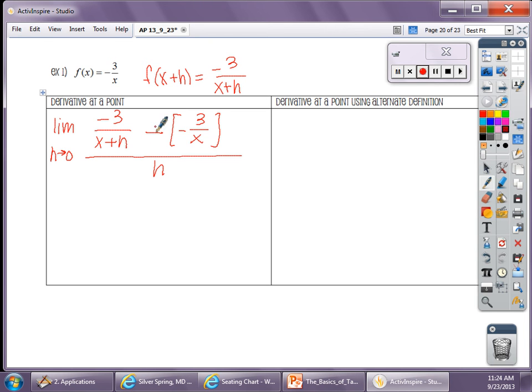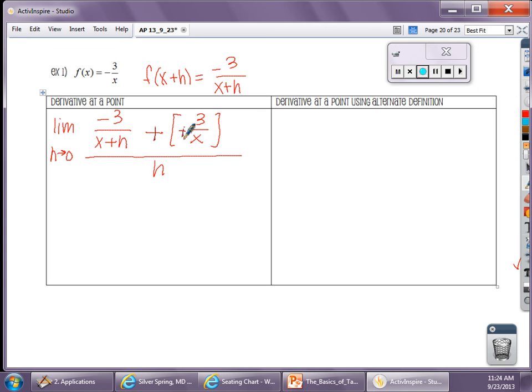Okay, are we okay with this? Turn that positive, get rid of the double negative. Multiply this guy by x over x, multiply this by x plus h over x plus h. Okay, and what do we get?